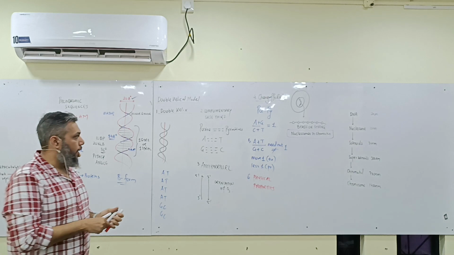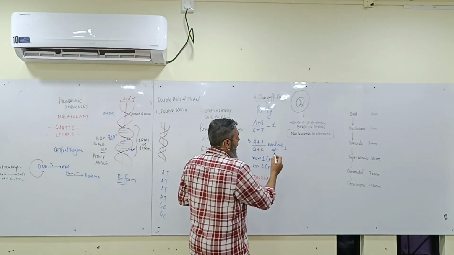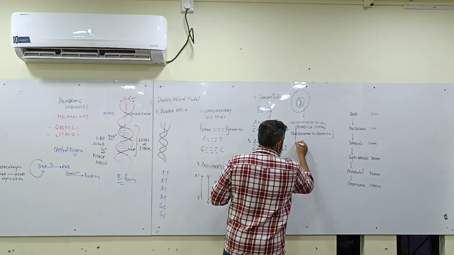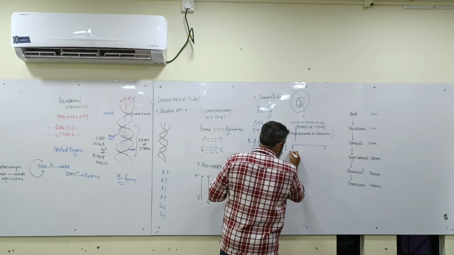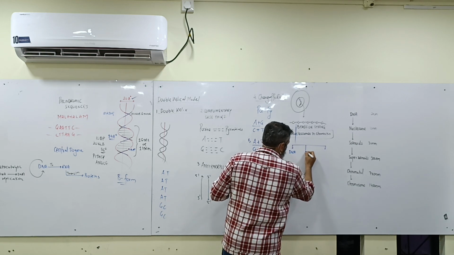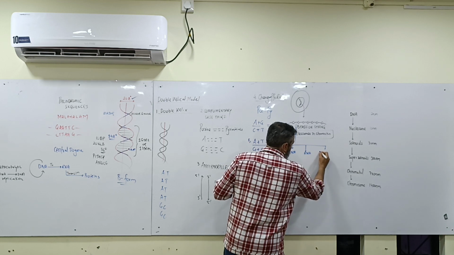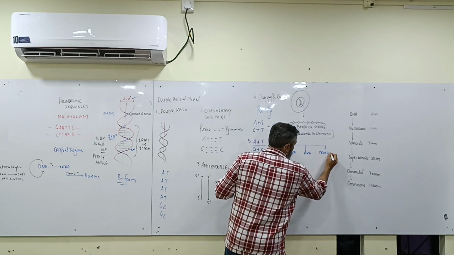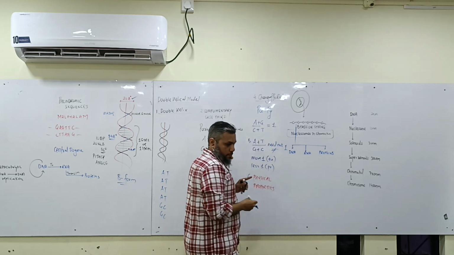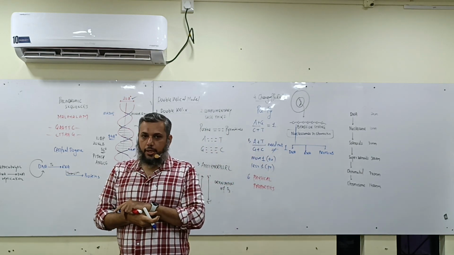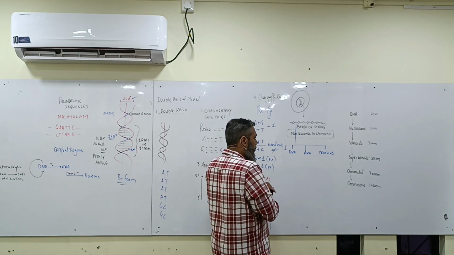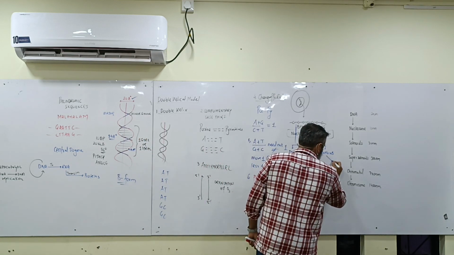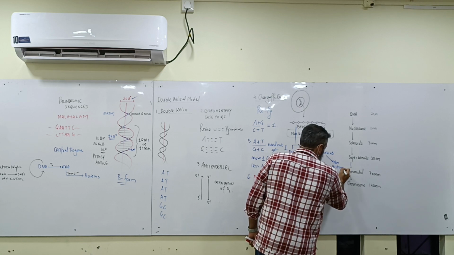Okay, now chemically what is it made up of? It is made up of DNA, RNA and proteins. What is it made up of? DNA, RNA, proteins. And proteins are of two types, guys. I think you're aware of this.